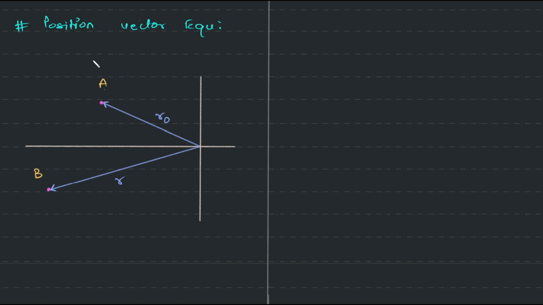Remember, this particle is moving with a constant speed. So basically the particle is moving in this direction with a constant speed. So we'll be figuring out the expression for this r. Okay, so the particle is moving this way.